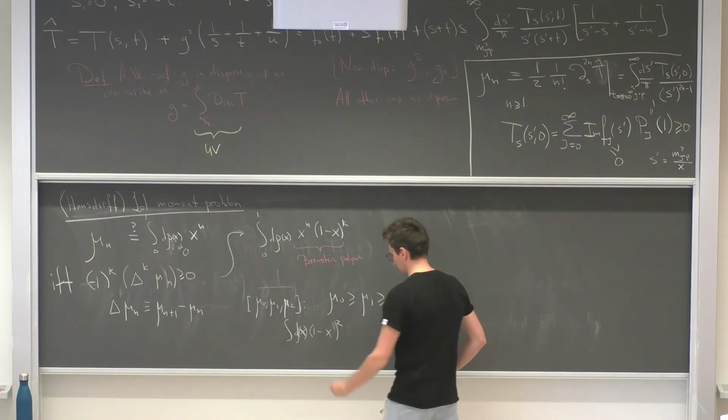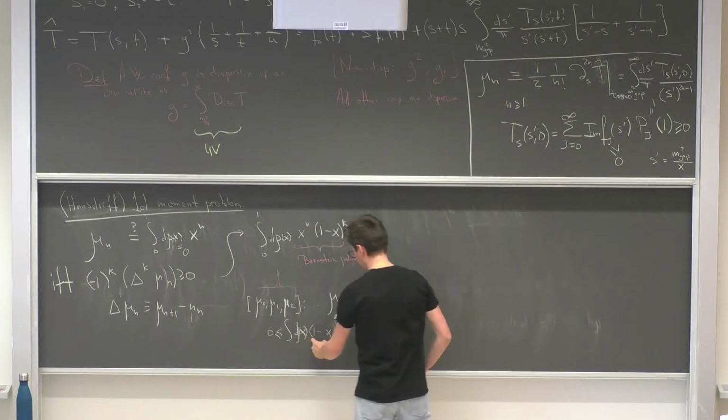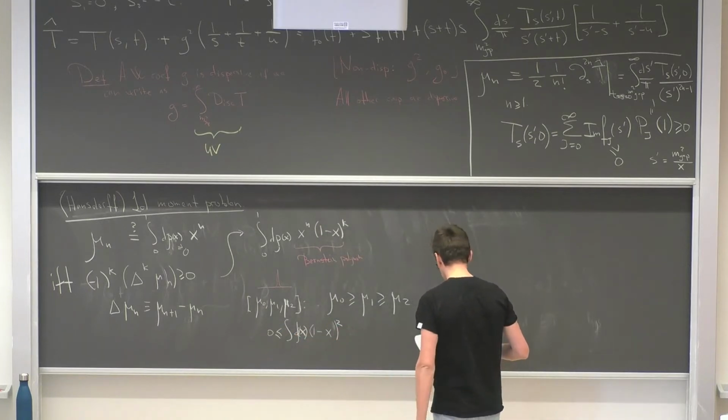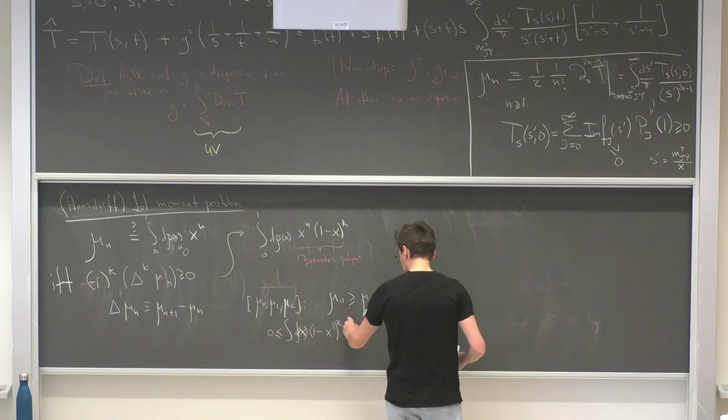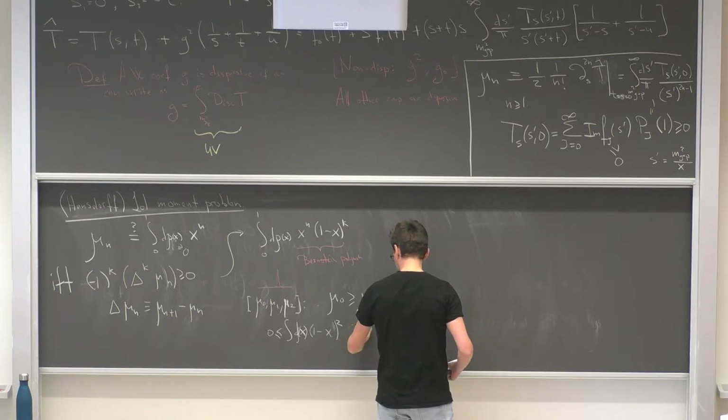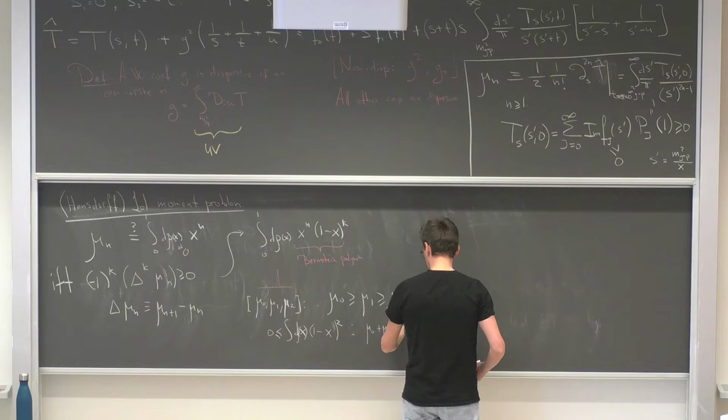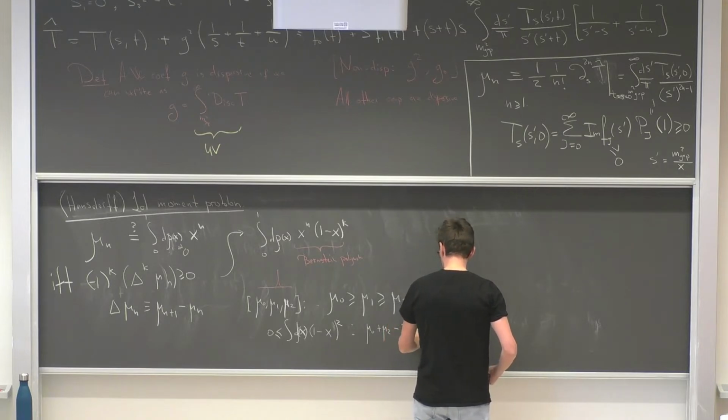This is clearly non-negative, because 1 minus x squared is also non-negative. So if you open the brackets, you see that m0 plus m2 minus 2m1 is also positive.